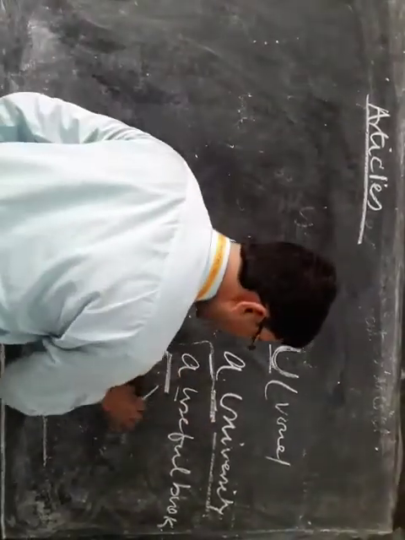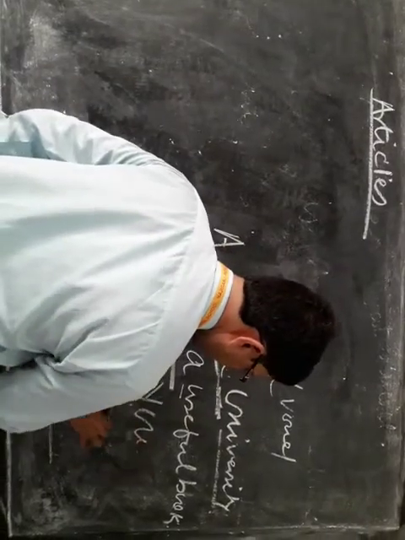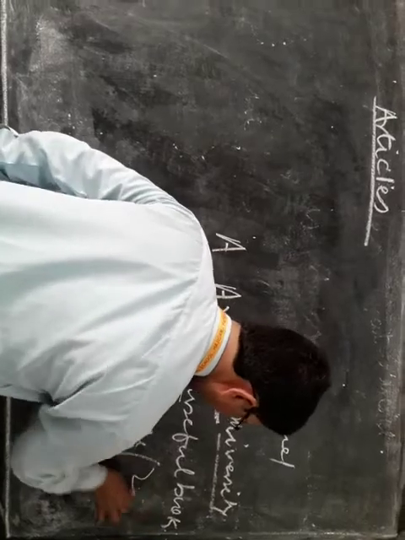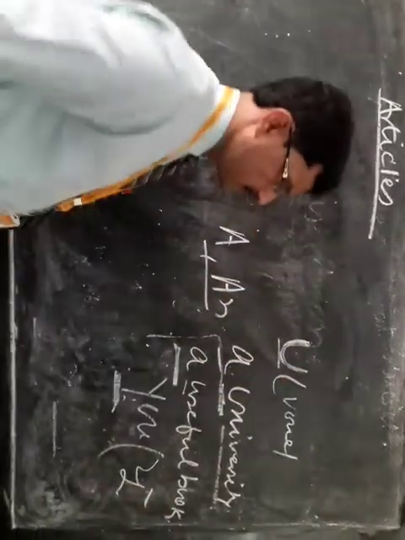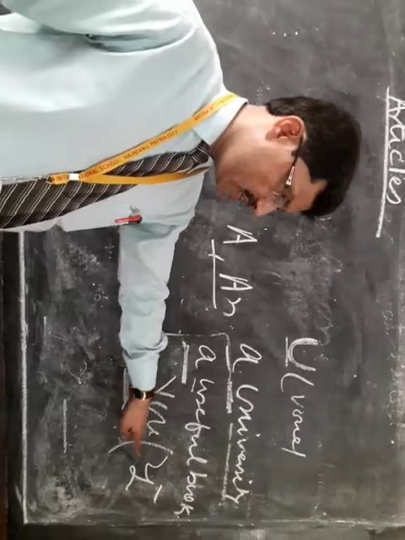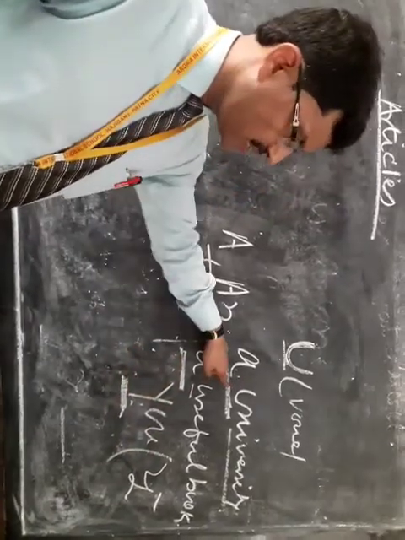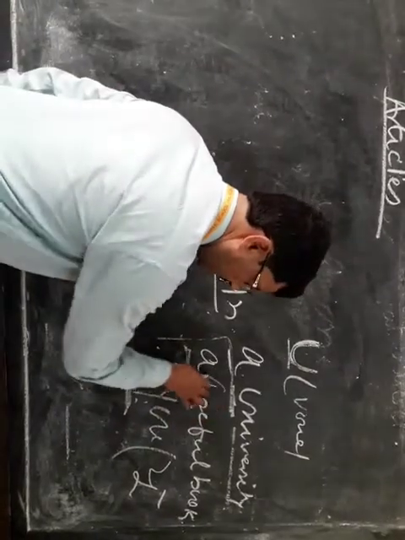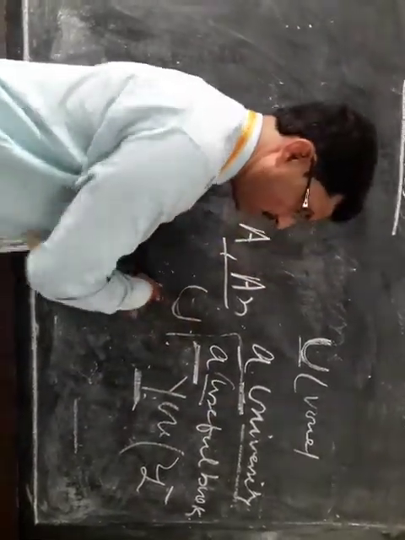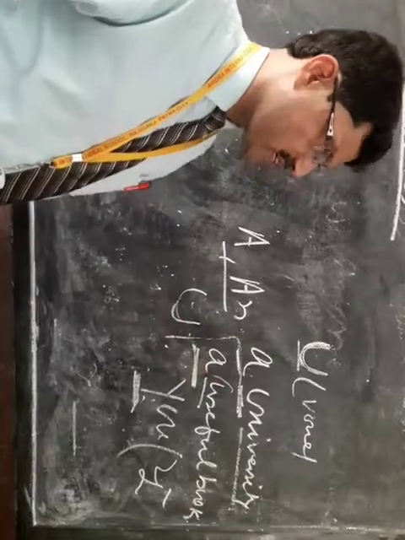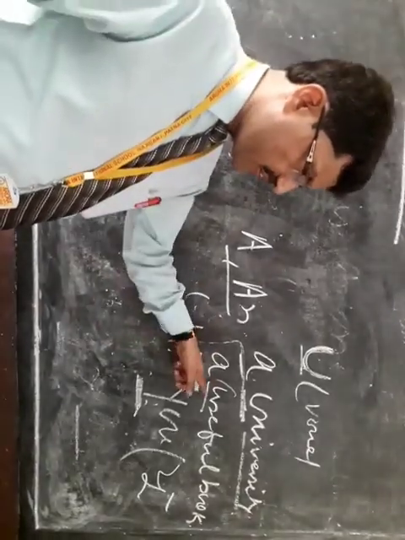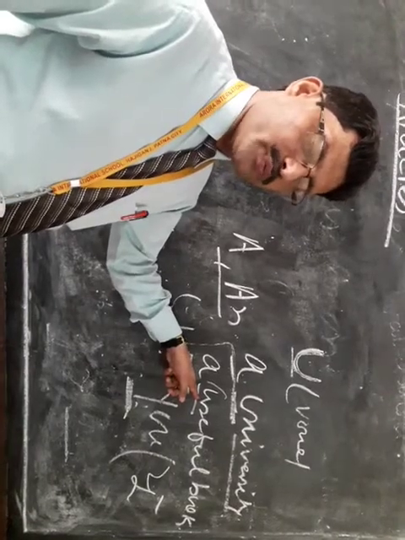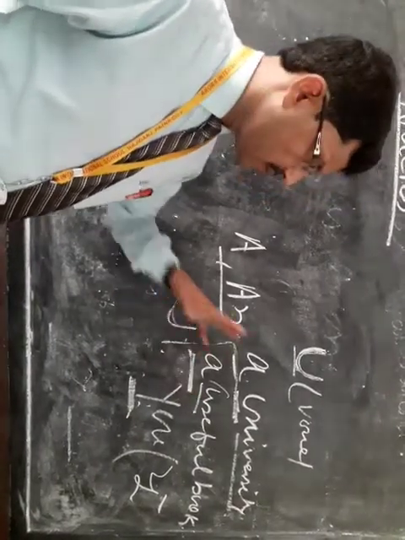It means in Hindi, this is ya. This is not a vowel, this is a consonant. That is why we use a. Useful book. Again, U here is a vowel, but it produces a consonant sound. So even if it is a vowel and produces a consonant sound, we are supposed to put a before it.